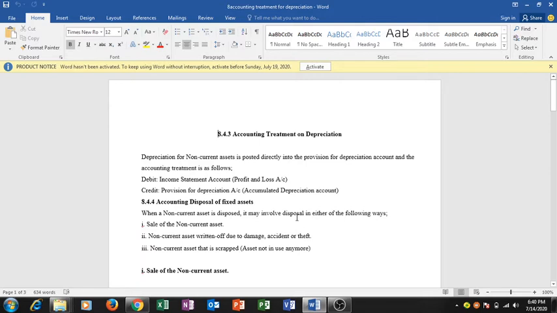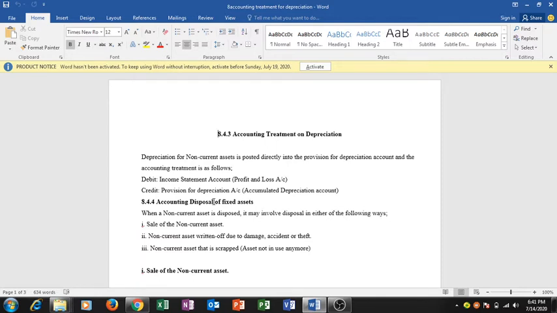Now, the first case that we are going to discuss in this lesson is the accounting for disposal of fixed asset. Whenever there is the word disposal of fixed asset, I want you to note that the asset is not in use anymore in the business to generate income.